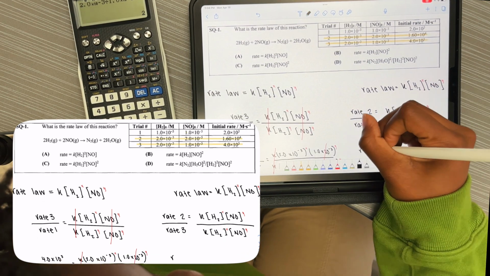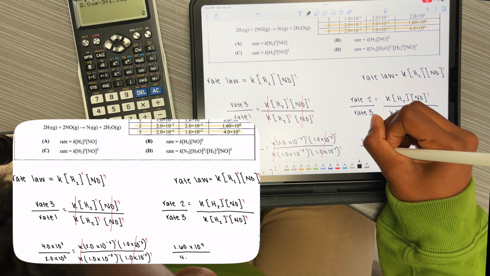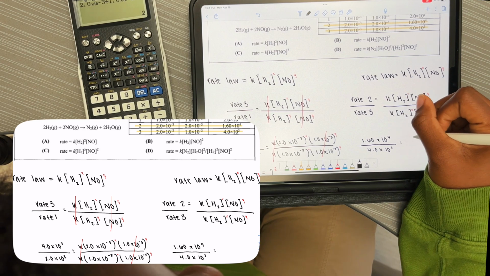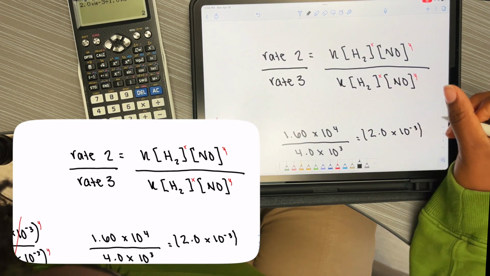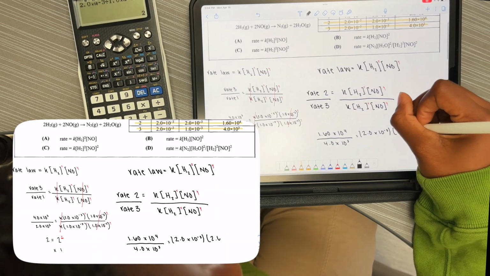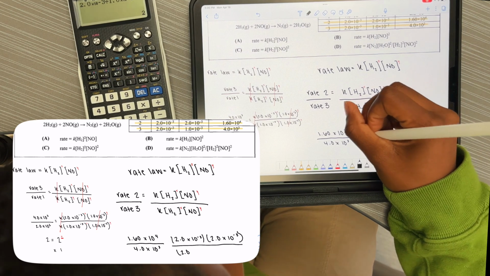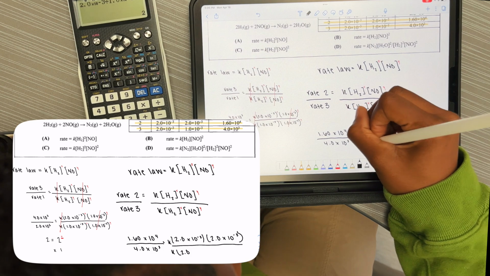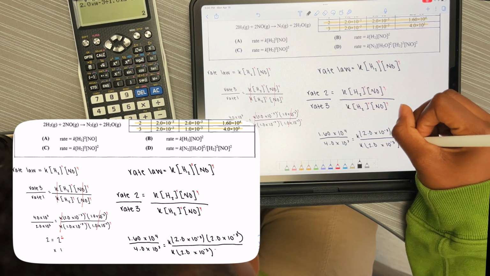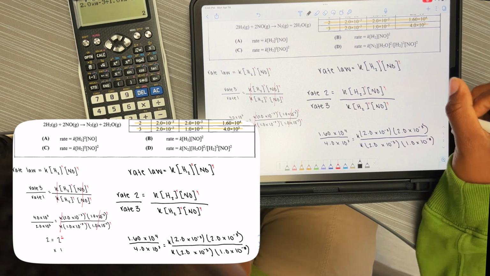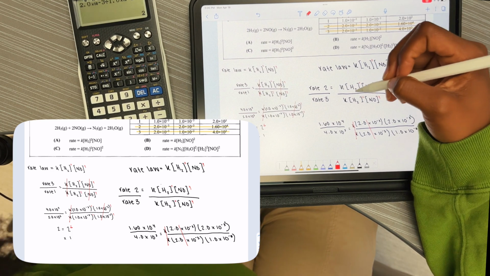And now we're going to plug in these numbers. Now we will cancel our like numbers, our K, and our hydrogen gas concentrations.